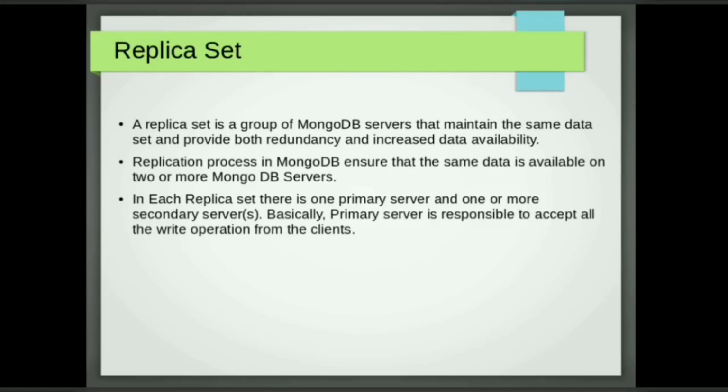In each replica set, there is one primary server and one or more secondary servers. The primary server is responsible for accepting all the write operations from clients. Secondary servers can be used primarily for read operations. In that way, you can reduce the workload of your primary server by routing your read queries to the secondary instances.